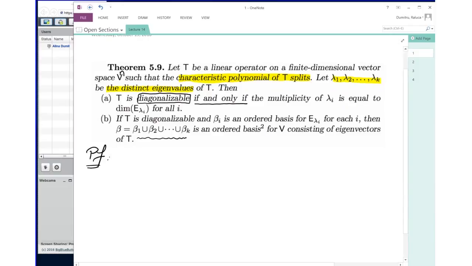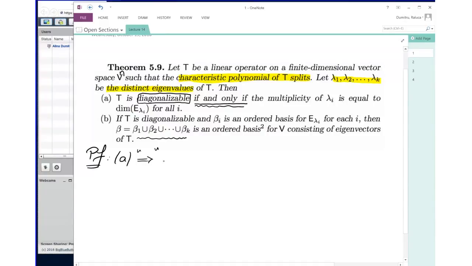Let's look into the proof of this. I'm going to say part A; however, B will be somehow embedded in A. You're going to see that soon. So part A is an if and only if kind of proof, so let's go in both directions.